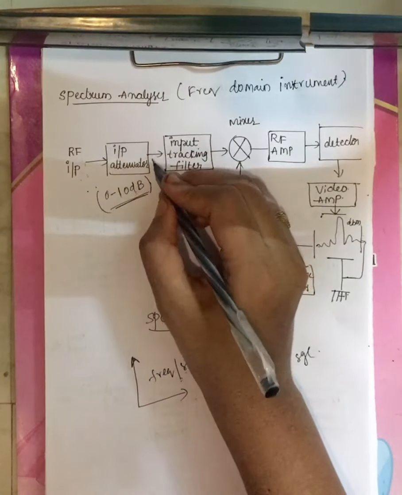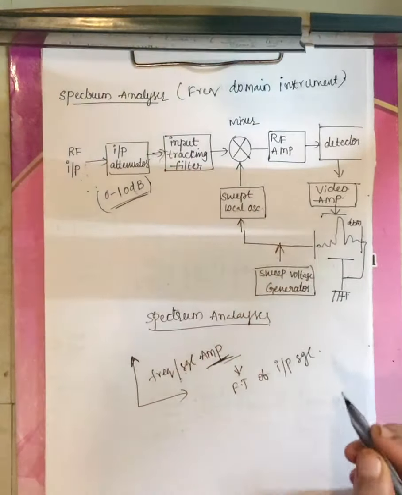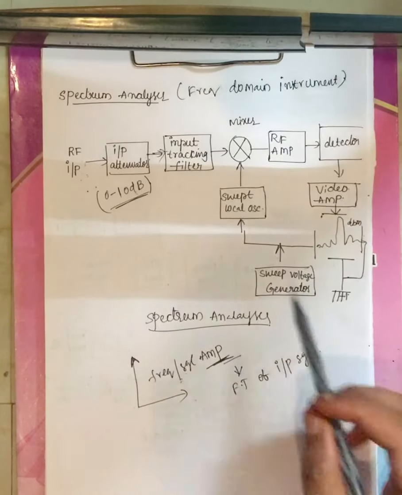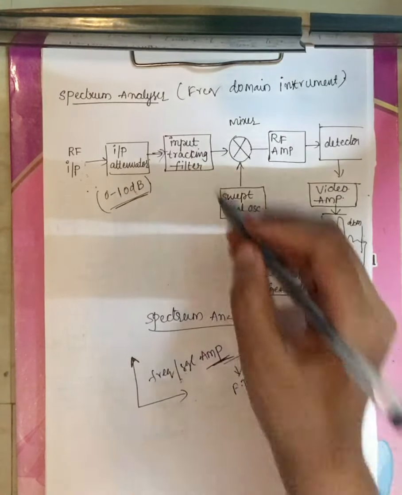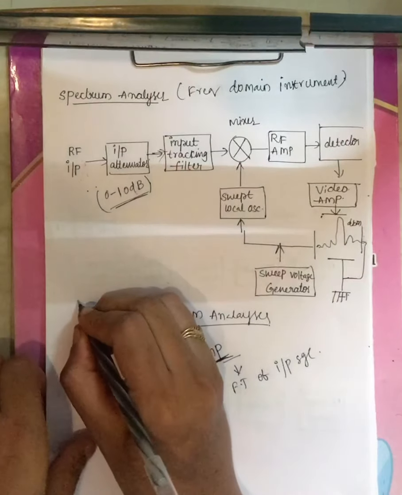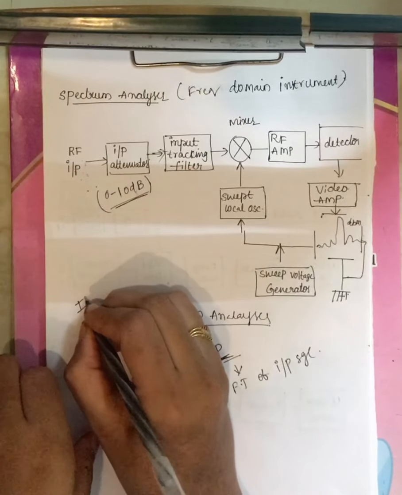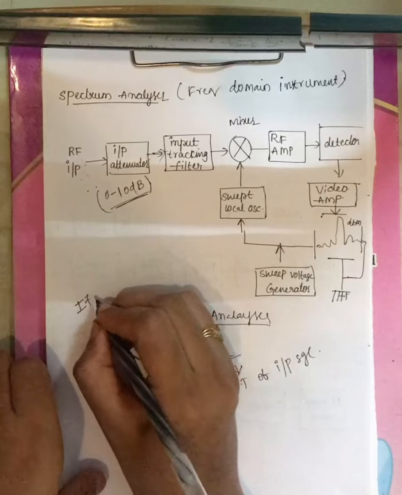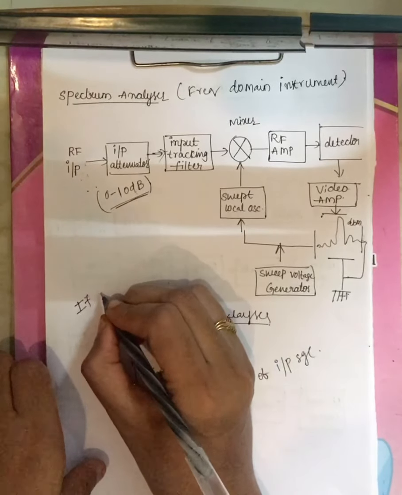After limiting the input signal power, that is given as input to the tracking filter. Now you will have the image reduction ratio, also called image frequency rejection or intermediate frequency rejection.